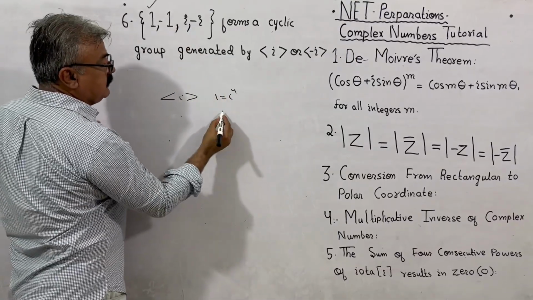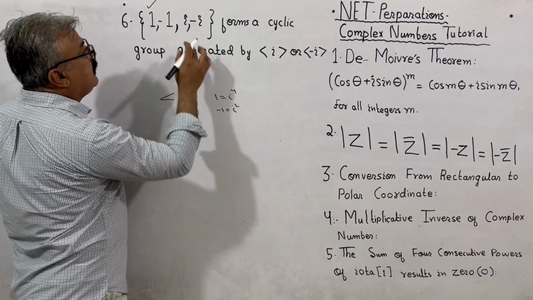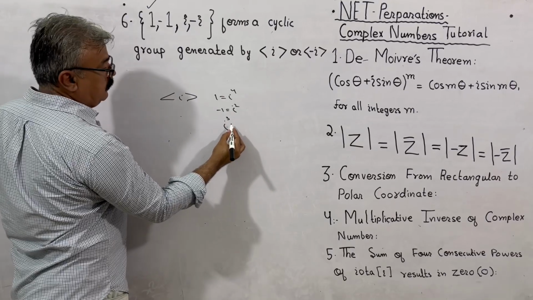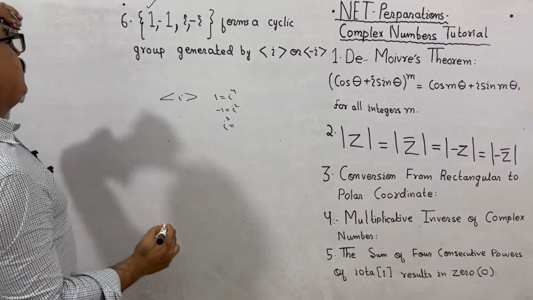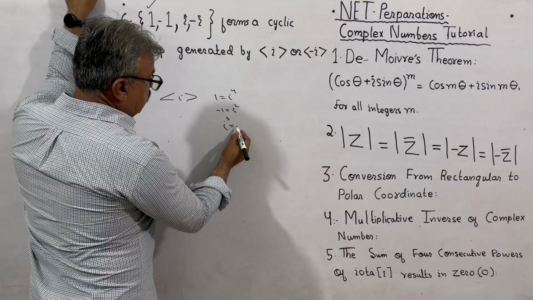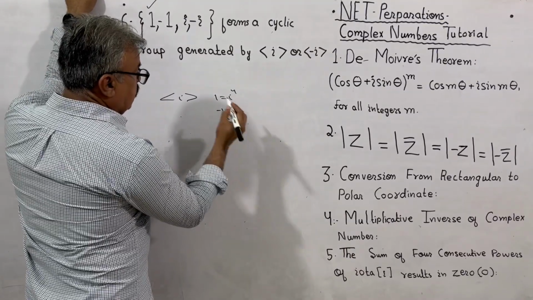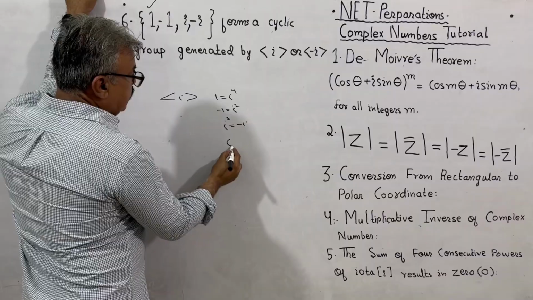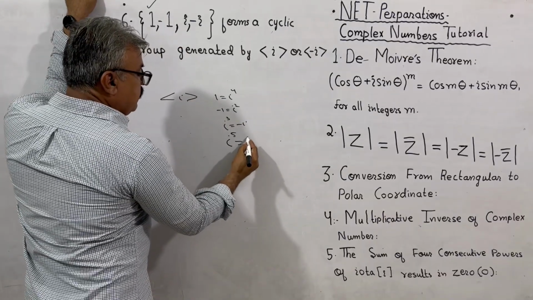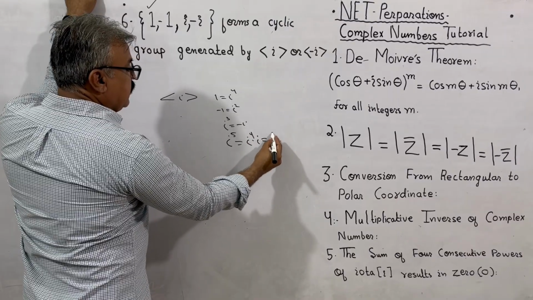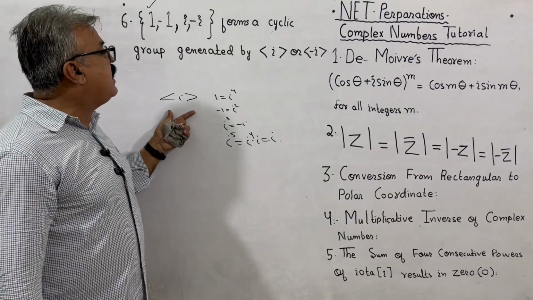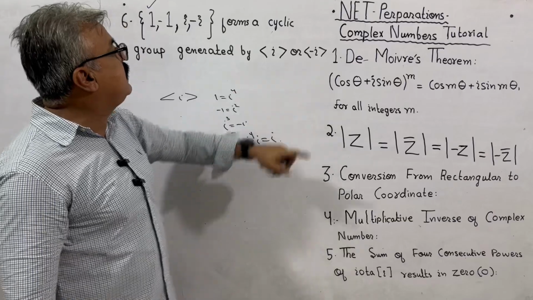If I want to generate minus 1, I write iota square. Iota cube will give me minus iota. Iota power 4 I can generate from 1 times iota or iota power 5. Iota power 5 means iota power 4 times iota, which is iota. So every element of this can be generated by iota, and similarly by minus iota.